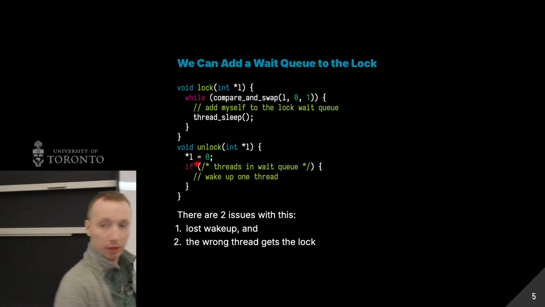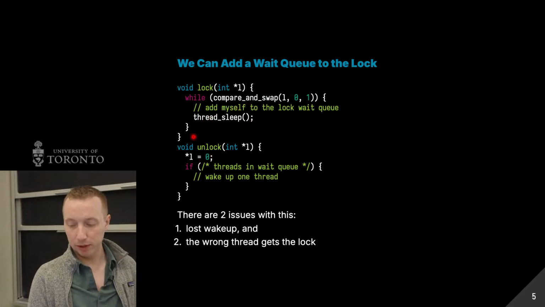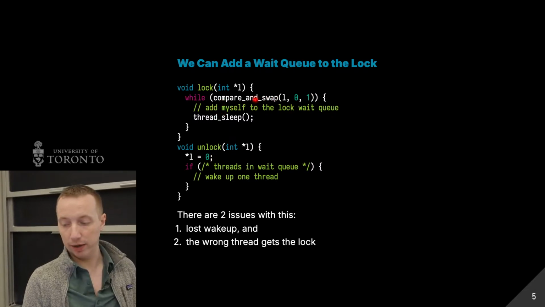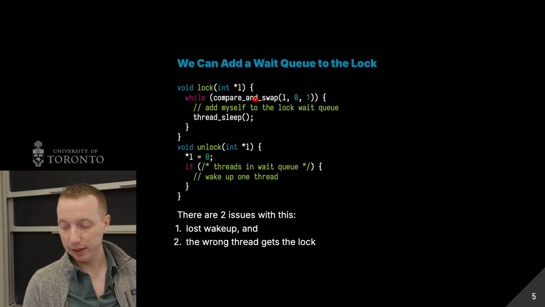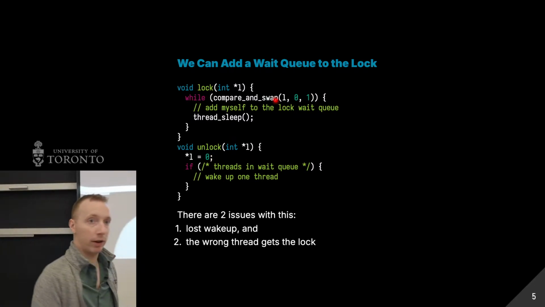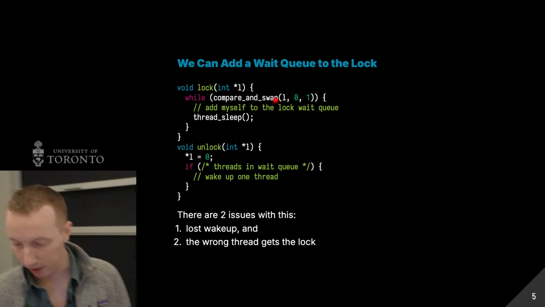So I wake up one thread, and when it wakes up, it would return from the sleep, and then only one thread would, at least that's the idea, do this compare and swap again and try to acquire the lock. Instead of having 8 threads do it all at once, I just have one thread.